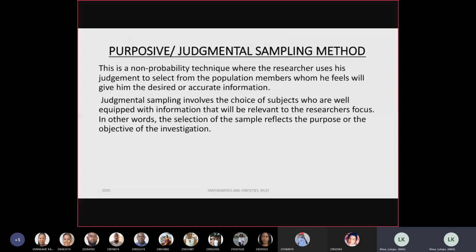So if you're interested in something medical, you're not going to just go and ask people at Vernhill. The people you're going to ask are going to be medical doctors, and you decide how to choose the medical doctors. So you just say, okay, I want medical doctors, and I'm just going to pick these medical doctors. So you're using your judgment. So it's also sampling that has a purpose. You say, this is what I want out of this. Okay.